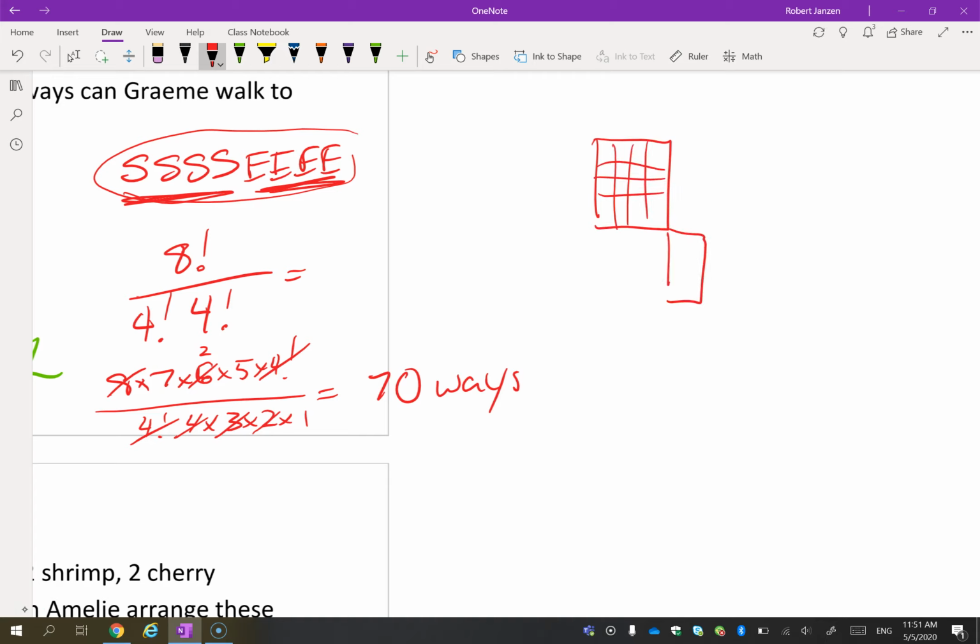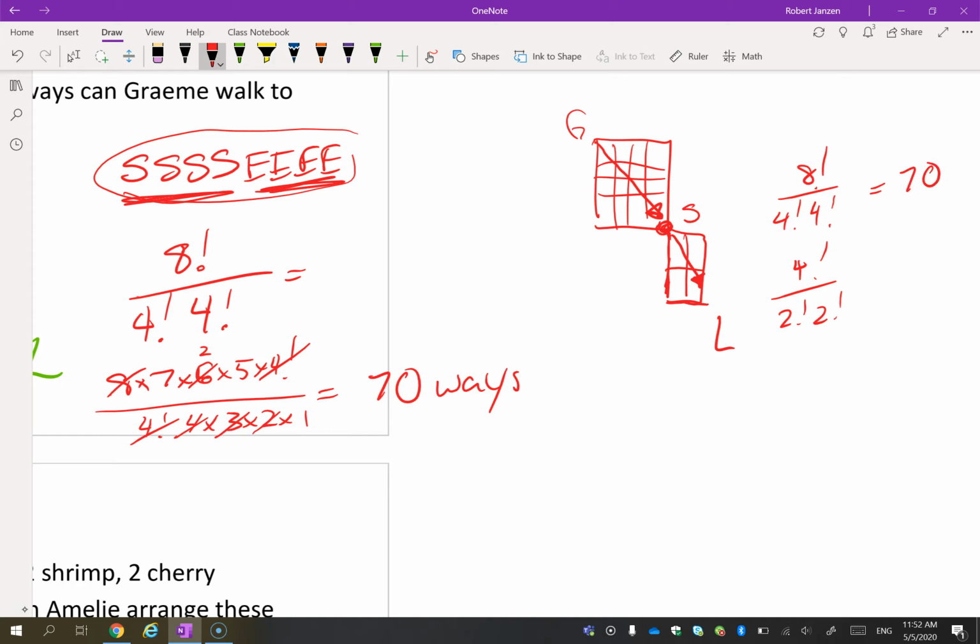Okay, so let's say he wants to go from here to the library here, and he has to go through a store here. To do this, you would first figure out how many ways I can get to the store. That would be what we just did there: 8 factorial over 4 factorial, 4 factorial. And then we would figure out how I can get from the store to the library. Well, in this case, we have to go south twice and east twice. So there's 4 factorial over 2 factorial, 2 factorial.